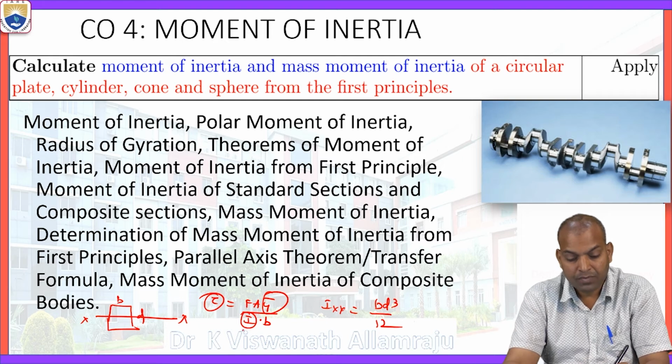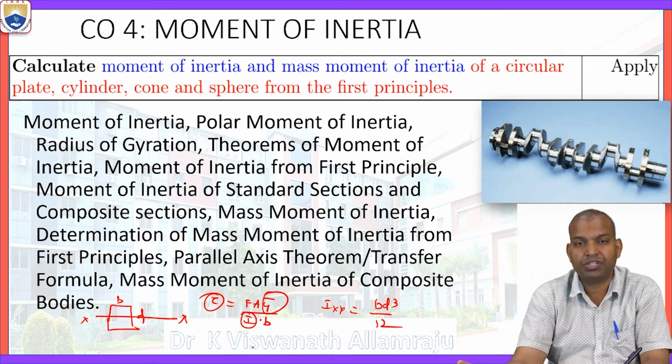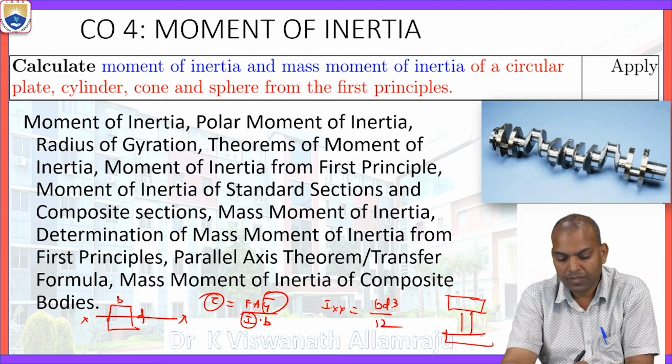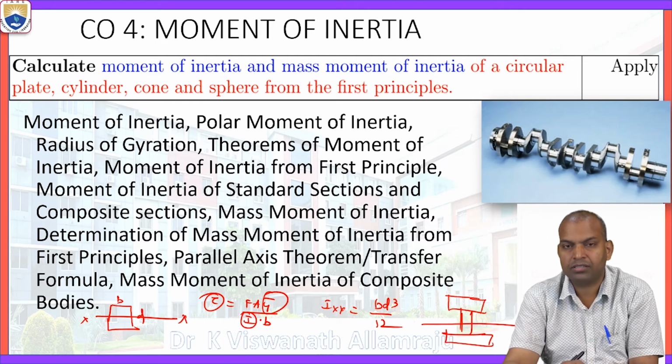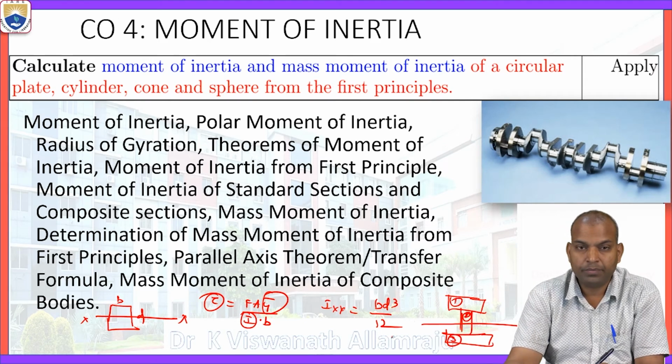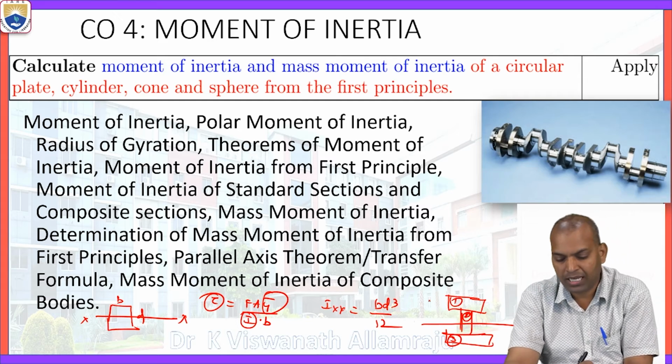Alright. And if it is a composite section, like an I section, what about Ixx? It is the sum of section 1, section 2, and section 3. We have to apply the parallel axis theorem because the axes are parallel.